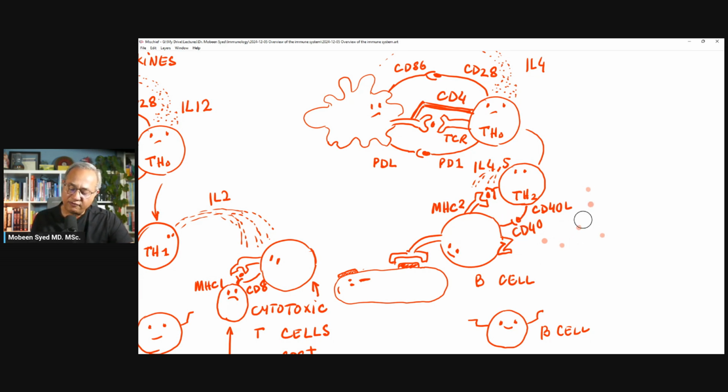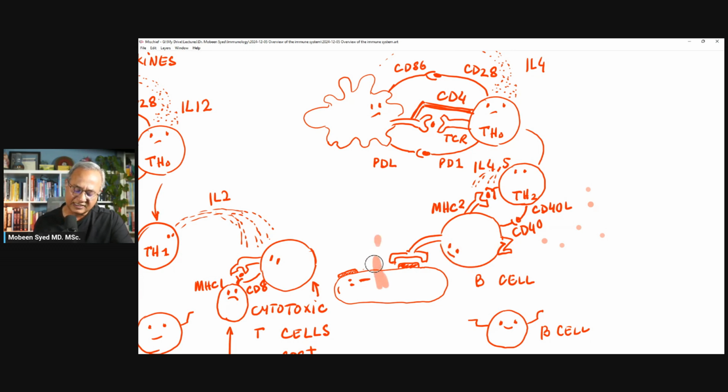Once again, some of the B cells are bound to the pathogen. Which pathogen? The pathogen that from my tip of my finger, where there was infection, had floated in the lymphatic channel and reached this lymph node. So that pathogen here got captured by some B cell or B cells.